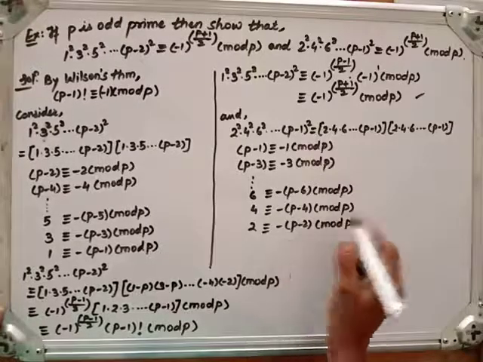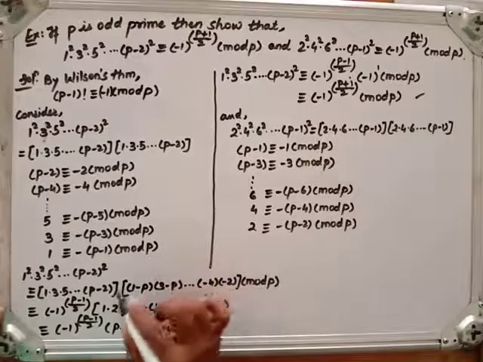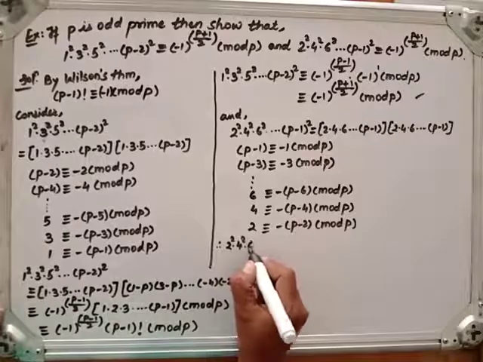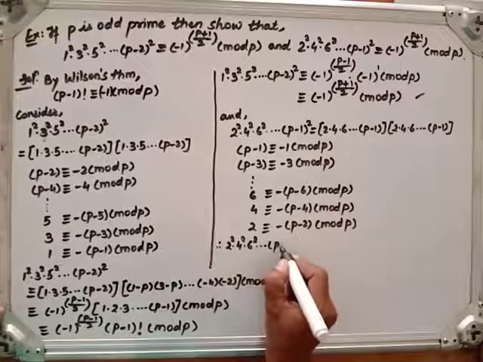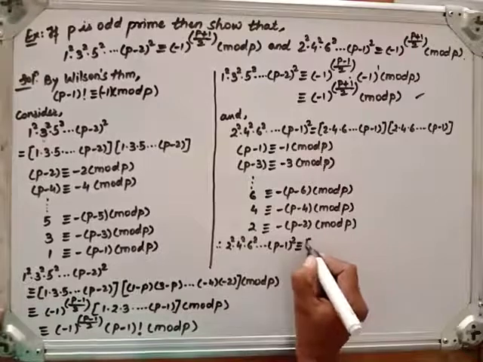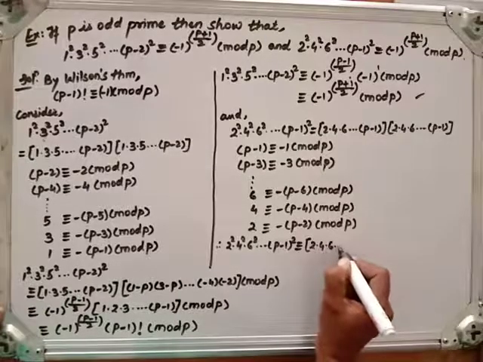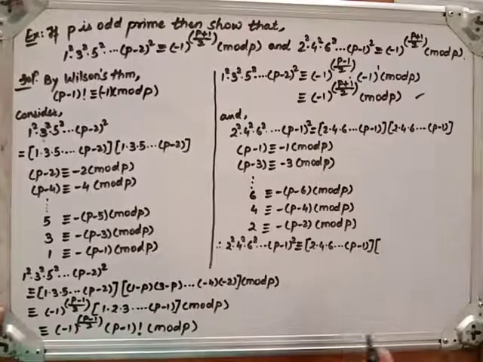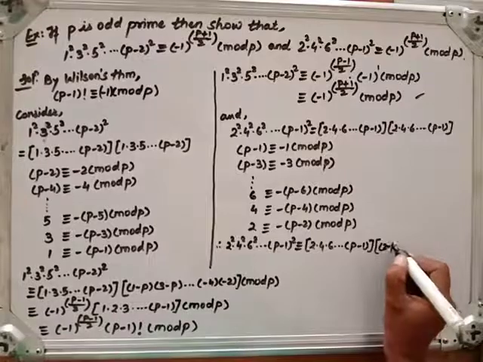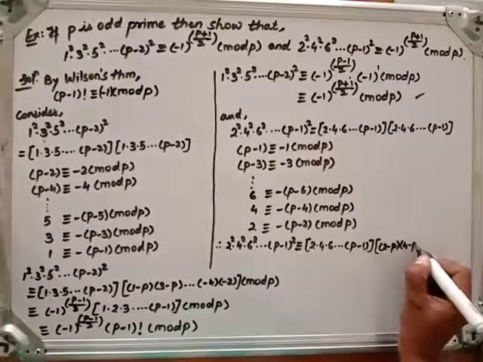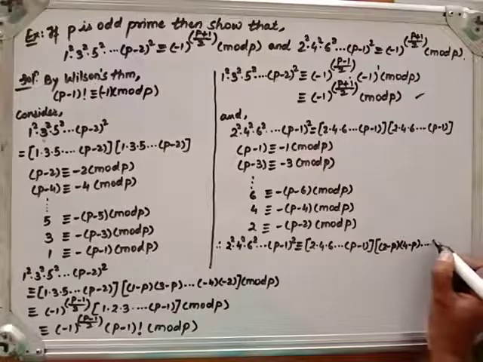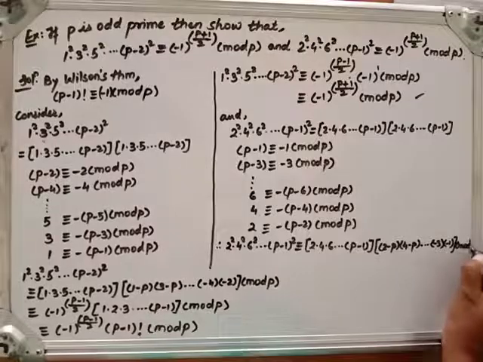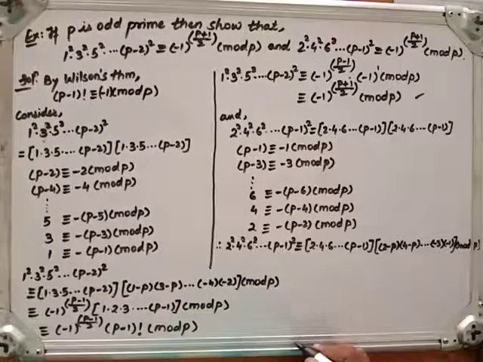These are the things. So let's put them in one bracket just like here. Therefore we will get 2 square into 4 square into 6 square and so on up to (p minus 1) square is congruent to 2 into 4 into 6 so on up to (p minus 1), into, what we get here, this is 2 minus p, this is 4 minus p and so on up to minus 3, minus 1, modulo p. Fine.